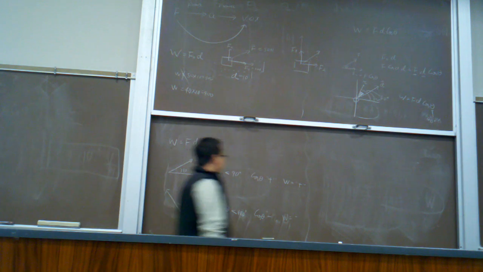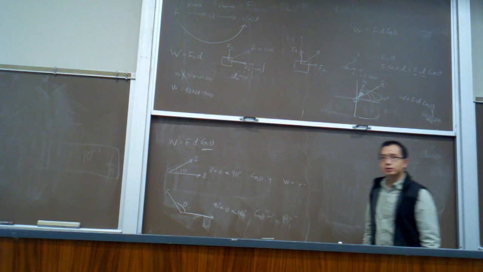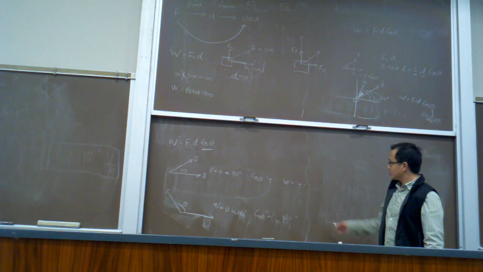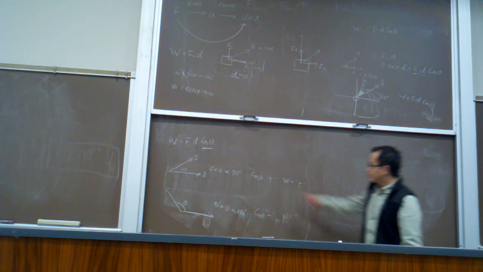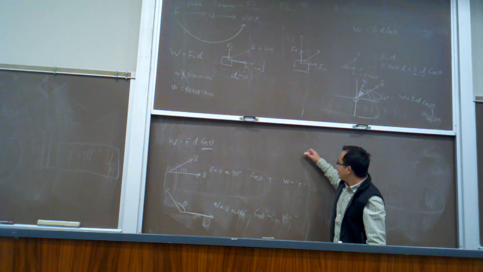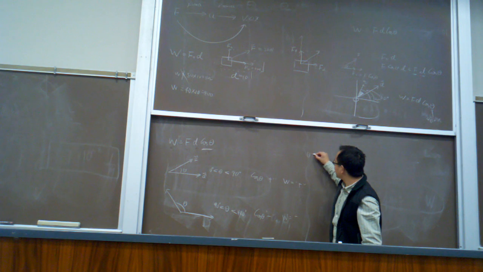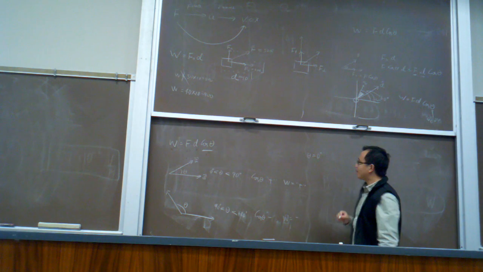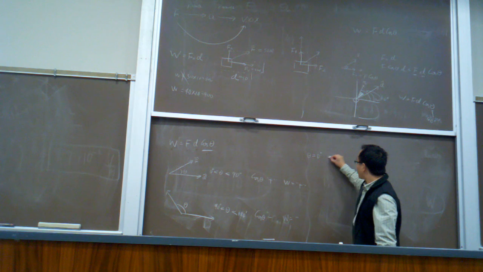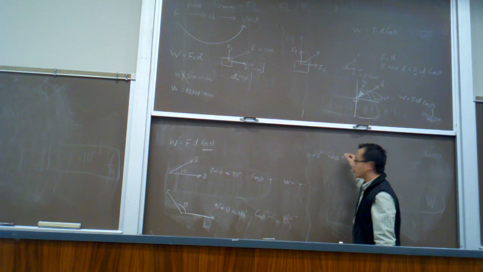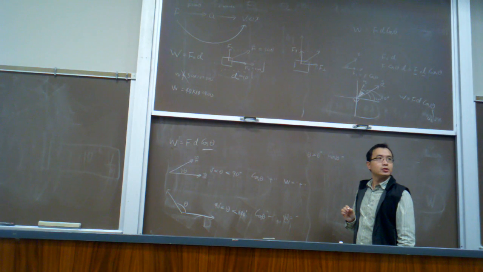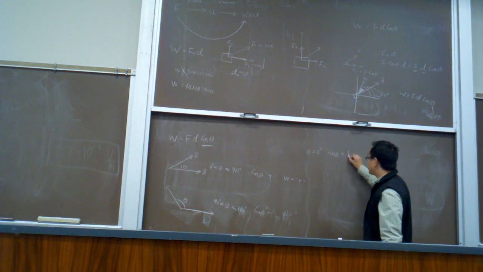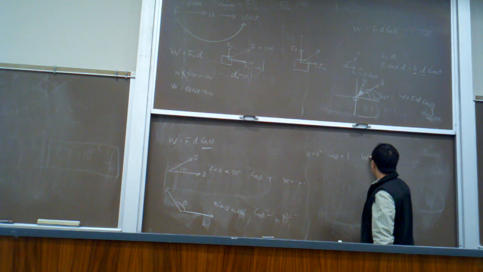Now let's consider some limiting cases. First, if theta exactly equals 0 degrees, you can see what happens. In this case, cosine theta, cosine 0 degrees, equals what? 1. And then W equals F multiplied by d.